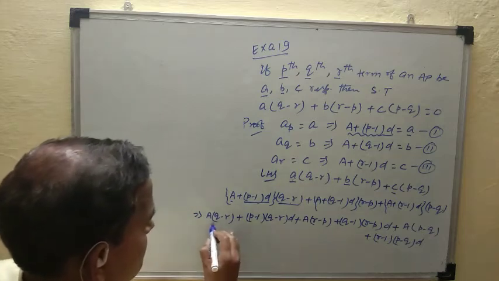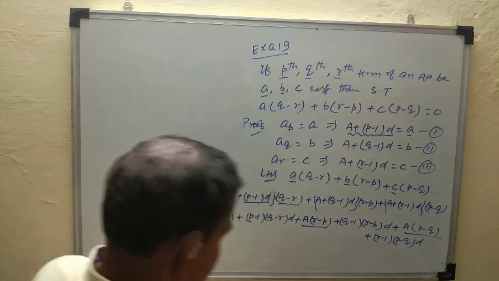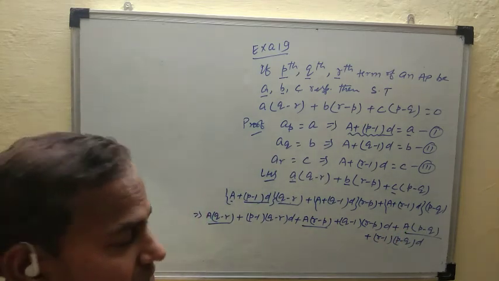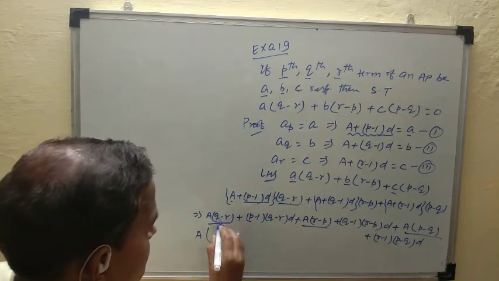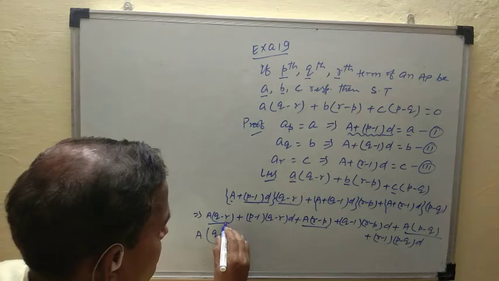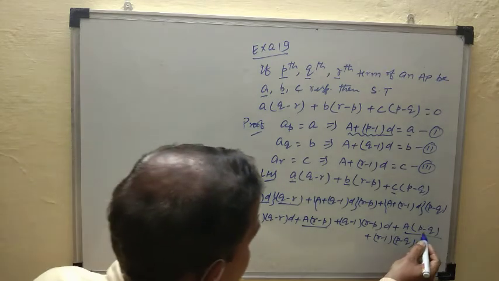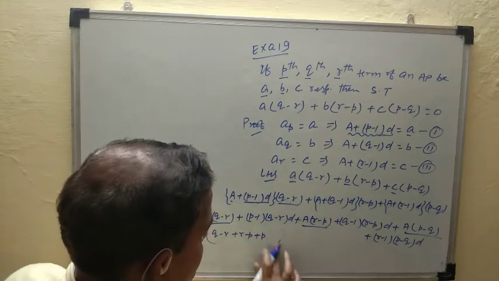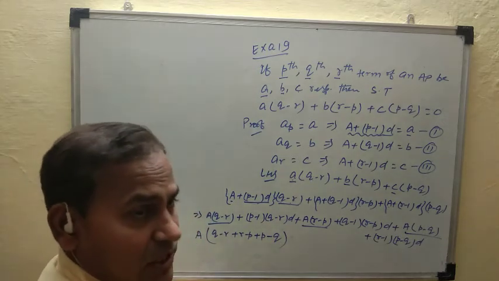Now here the first term is A in all three. So from these three terms capital A is common. Taking capital A common, then here terms (Q minus R) plus (R minus P) plus (P minus Q). All three terms written.